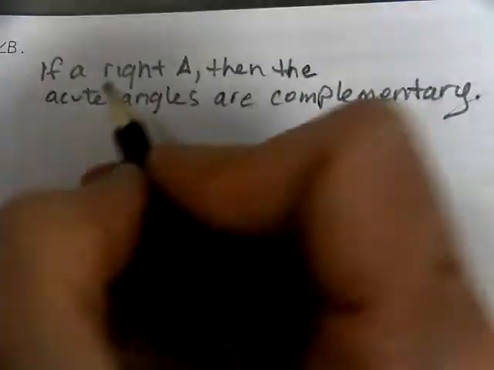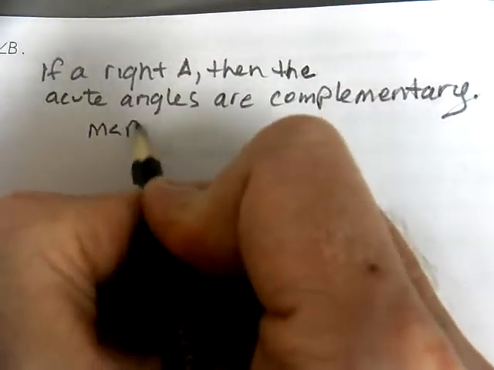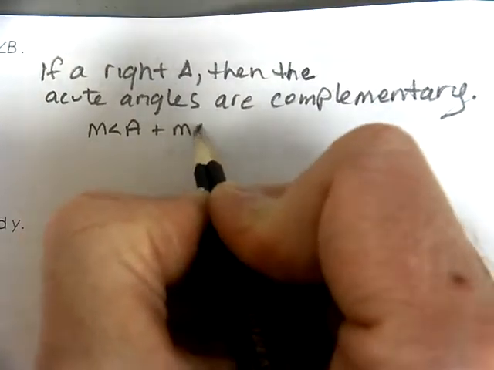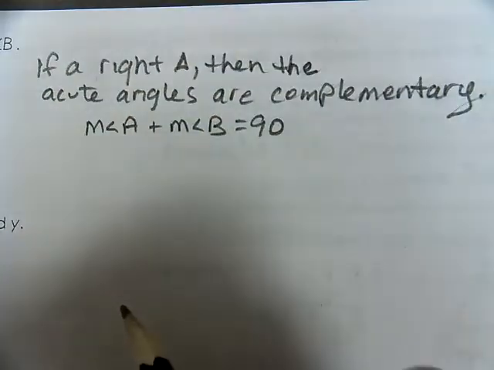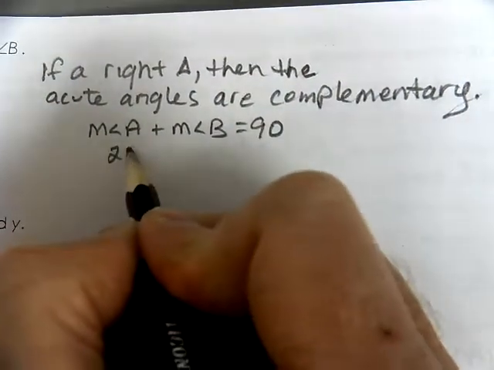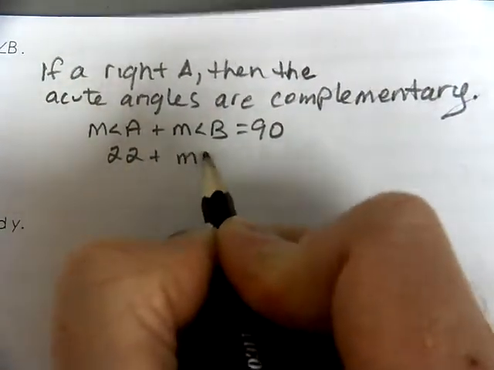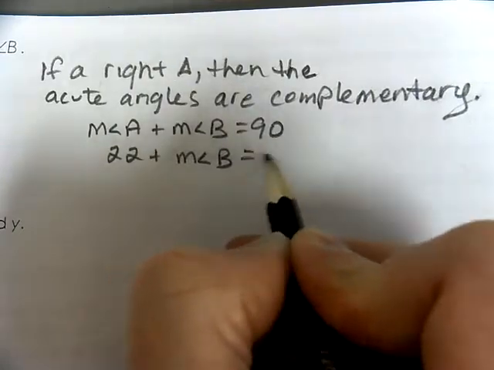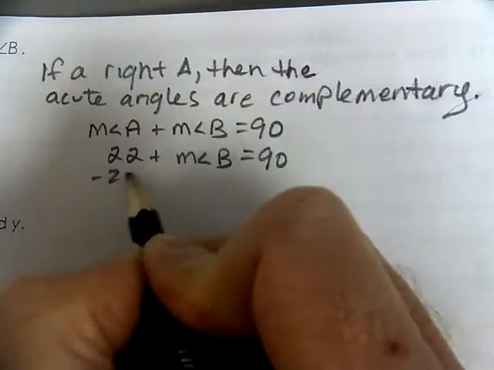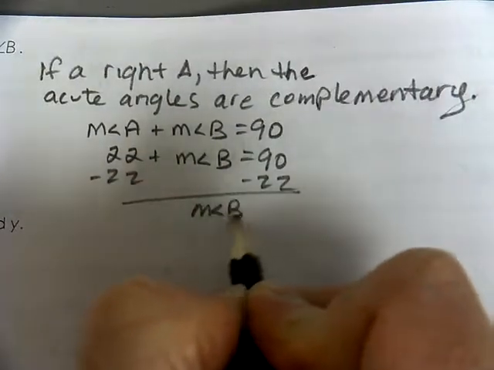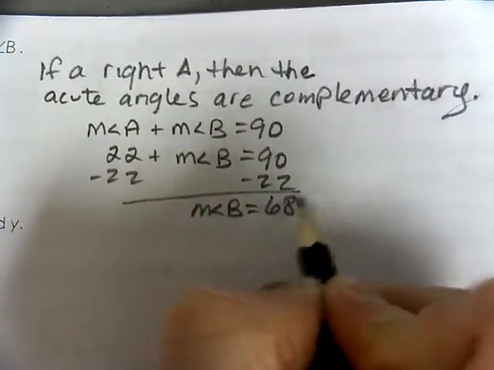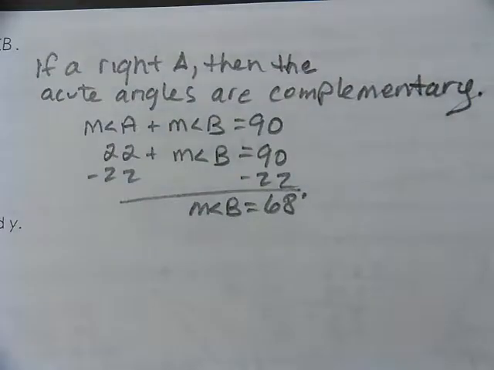So if the acute angles are complementary, then we know the measurement of angle A plus the measurement of angle B has to add up to 90 degrees. We're going to substitute in the 22 from the given and subtract that over. We find out that the measurement of angle B is 68 degrees.